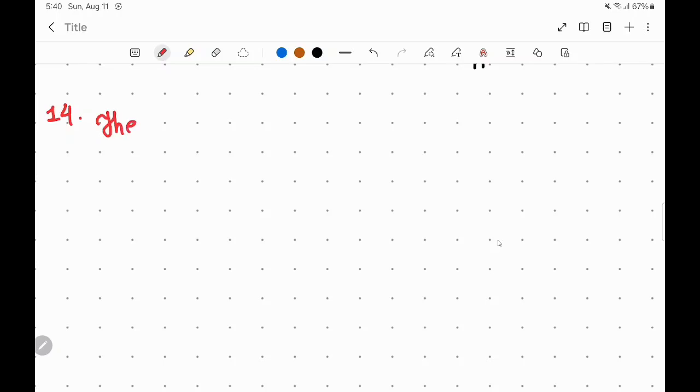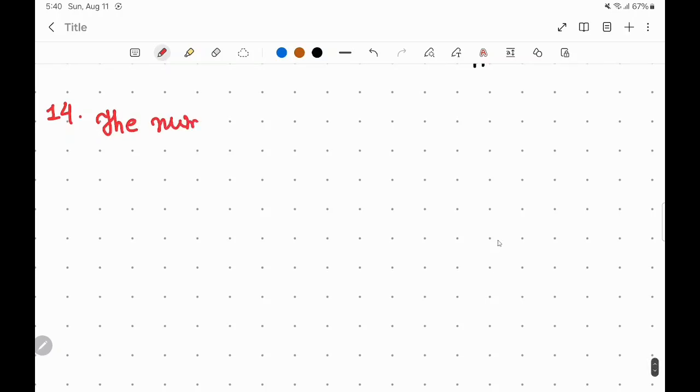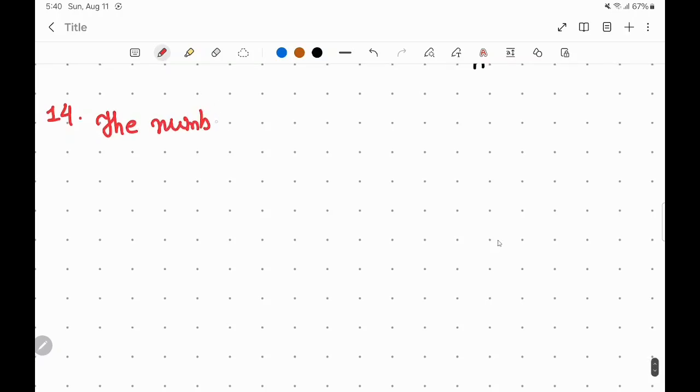From this, the question: the number of configuration in the most probable state according to the Boltzmann formula. This was asked in GATE, I think.